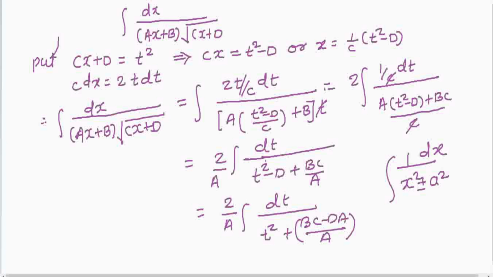Now we take an example. Suppose we want to integrate 1 divided by x minus 3 into under root of x plus 2 into dx. Look at this, we have to put this under root term.